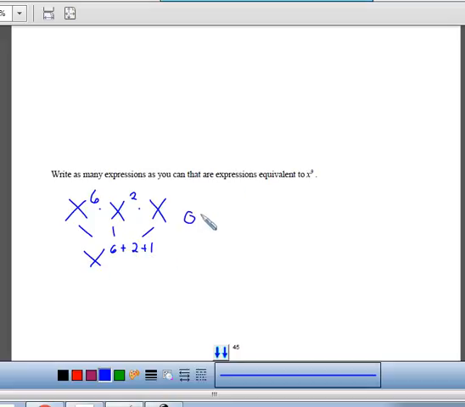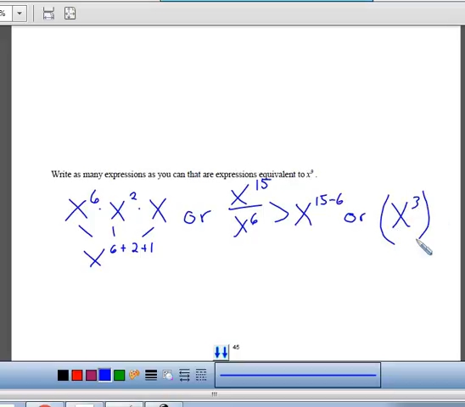Or another example might be x to the 15th over x to the 6th. When you have a fraction or when you're dividing, same base, you subtract the exponents. And then the last example I'll give you, raising a power to a power, x to the 3rd.